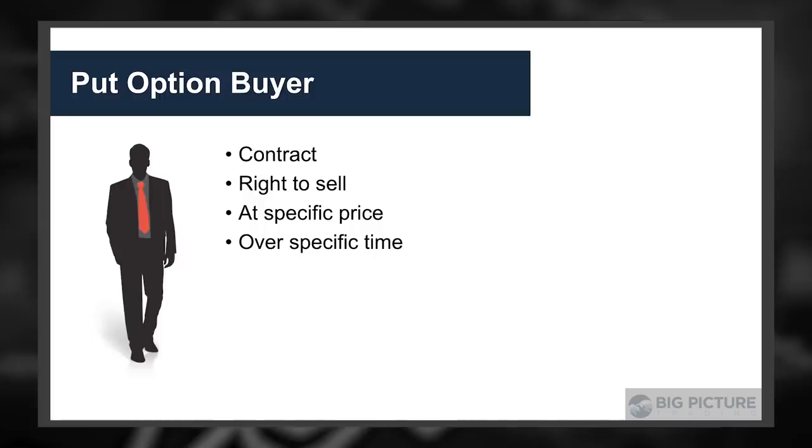When someone buys a put, it's the right to sell the security at a specific price over a specific time, instead of the right to buy. Because there are two types of transaction, buying and selling, the call option and the put option fundamentally move in opposite directions, because one is the right to sell and the other is the right to buy.